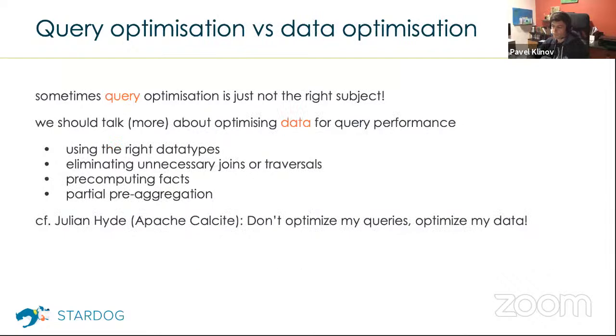And before we start talking about the query optimization, another disclaimer I want to put forward is that you should recognize that sometimes query optimization is just not the right thing to talk about, even though we're going to talk about it today. So when someone experiences a slow query, like you have a SPARQL query and it's slow, or you have a bunch of slow queries, people tend to think about the query optimization immediately. Oh, we need to optimize the query.